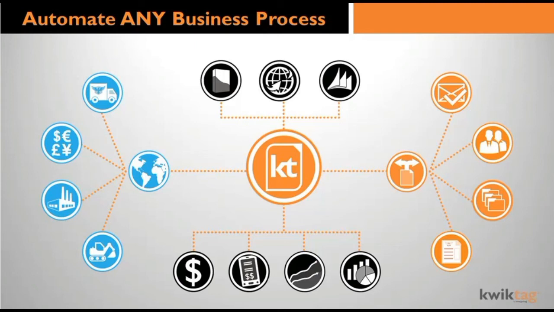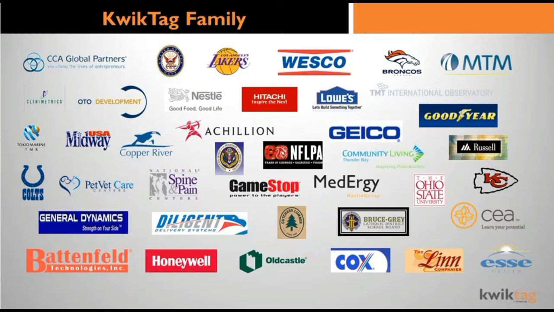So again, if you can think of it as a document that needs to be routed through your organization, managed, visible, and accessible to people, with a complete audit trail, then chances are Quicktag can do it. And in many cases, we probably already have. So don't limit your thinking about this to one particular area of the business. We can automate any process.